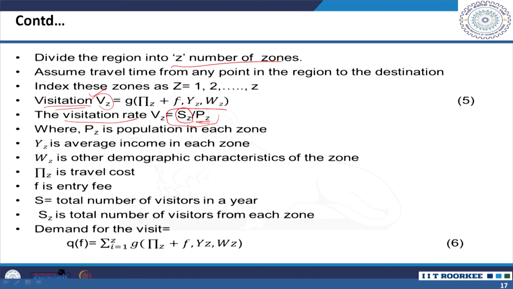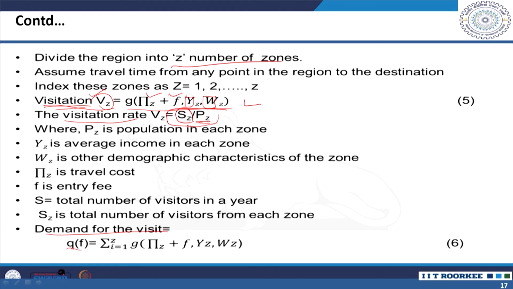Then we need to take into account the entry fee, the travel cost, the average income of each zone, and also the data on other socio-demographic characteristics of the zone. Based on this understanding, we can actually express the visitation rates in terms of these variables. After doing this exercise, we can find the demand for the visit.